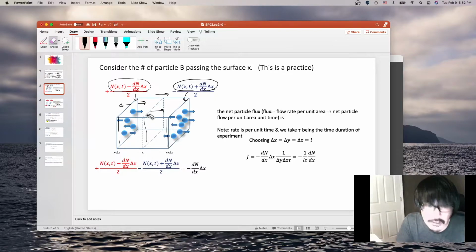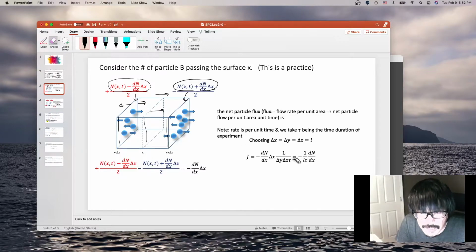Tau is a period. So the tau is the period of the particle actually moving from here to here, here to here, here to here. All of these particles going to the right are going to pass through these things, and then all of the particles on this surface going to the left are going to pass through these things. That's enough time to actually pass through all of those things.